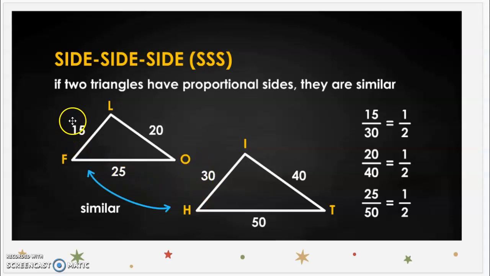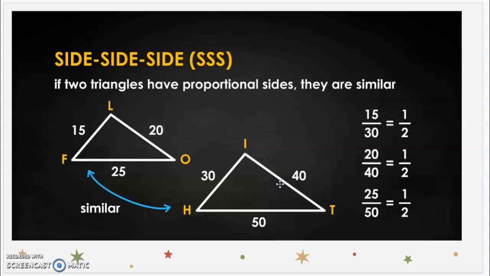In this case, I can multiply 15 times 2 and get 30. I can multiply 25 times the same 2 and still get 50. I can also multiply 20 times 2 and get 40. So I know that both of these triangles are similar to each other. They're multiplying each side by the same number.